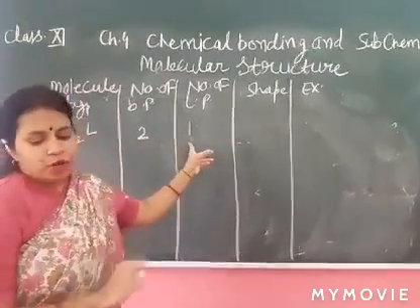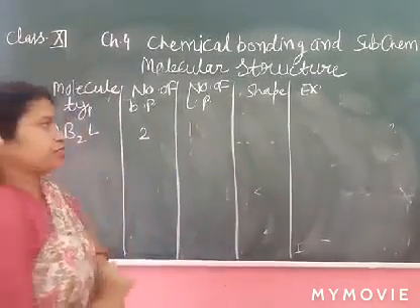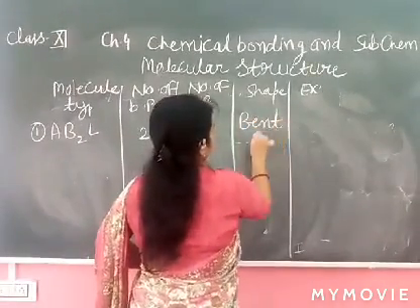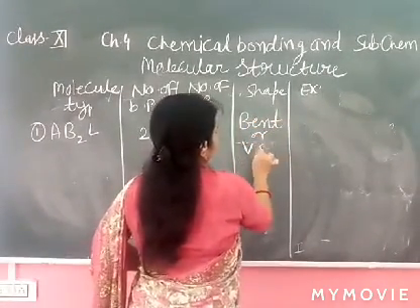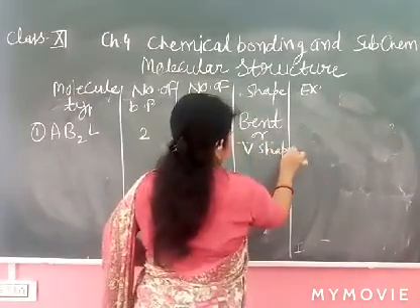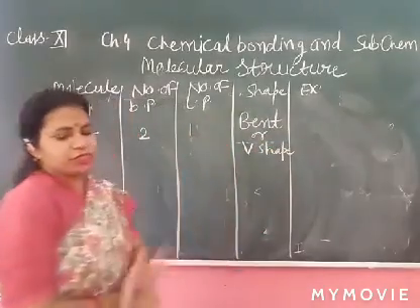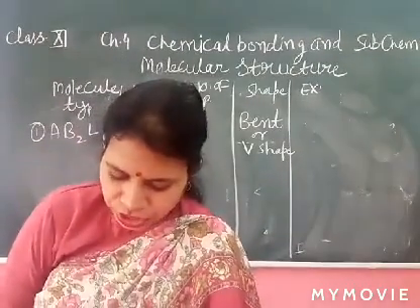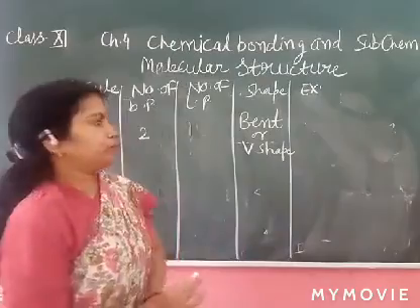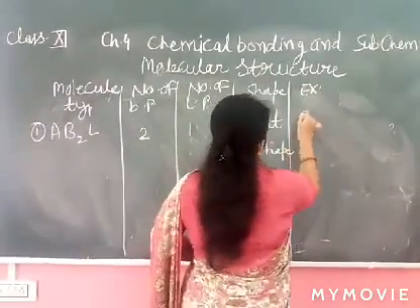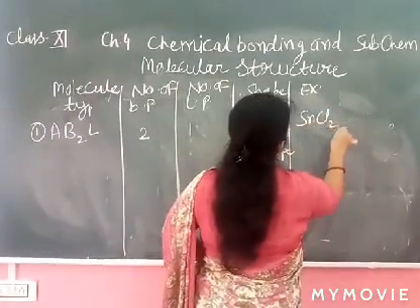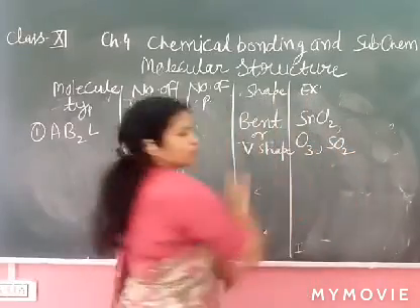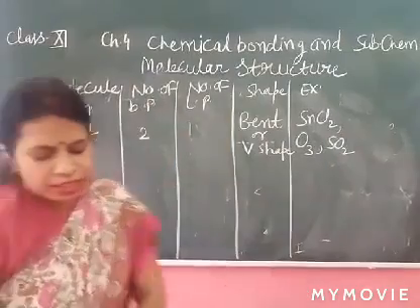Lone pair and bond pair repulsion. So the structure is bent, V shape. The reason is again lone pair bond pair repulsion. Examples are SO2, O3, SnCl2. Clear?